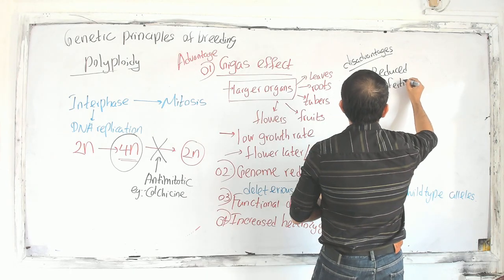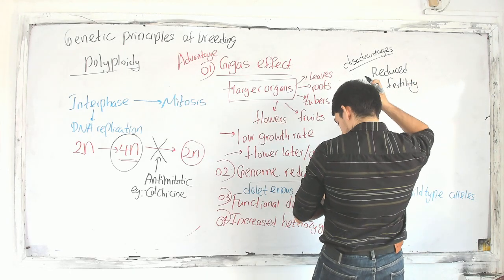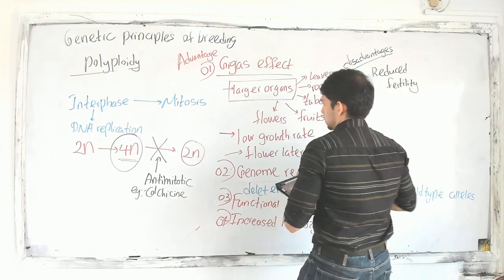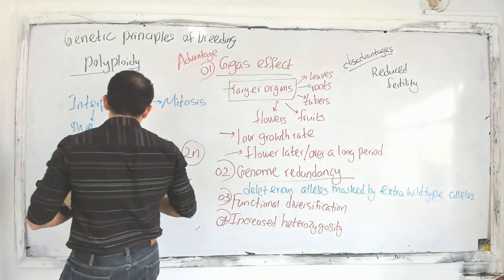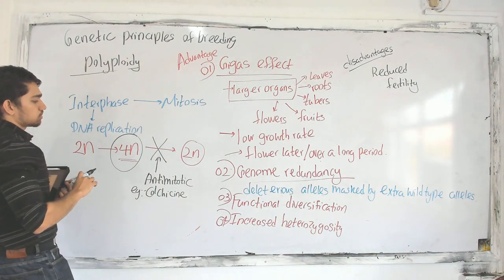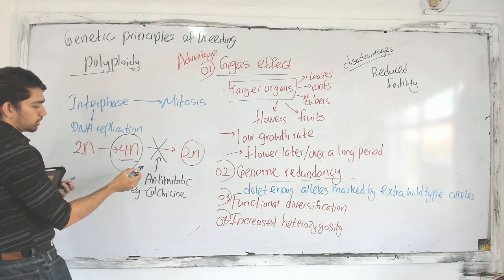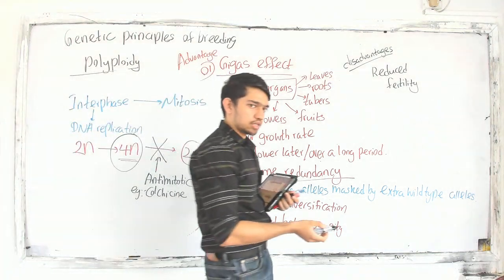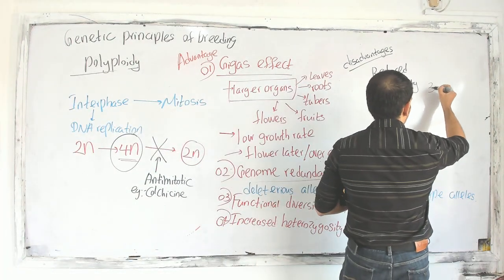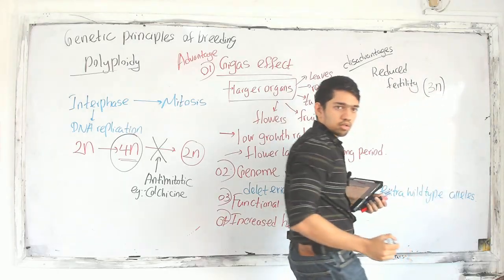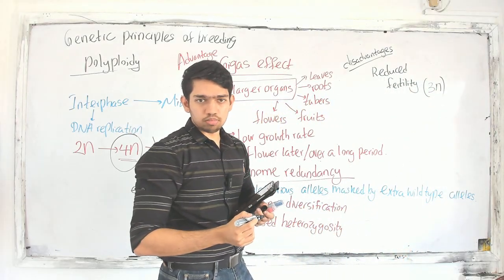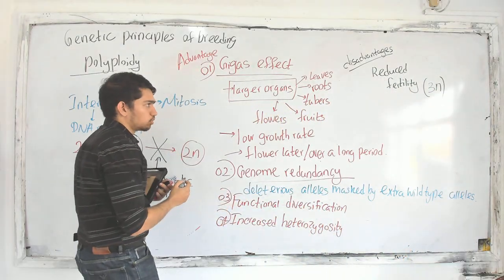Okay. For example, through polyploidy, they can reach a ploidy level that is an odd number. They can become an odd number because of the polyploidy that we are trying to make.